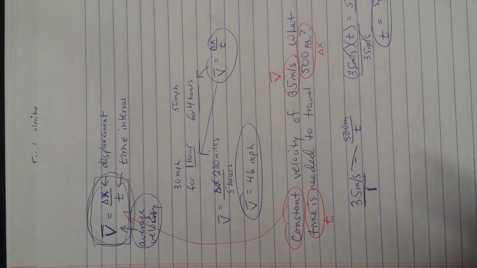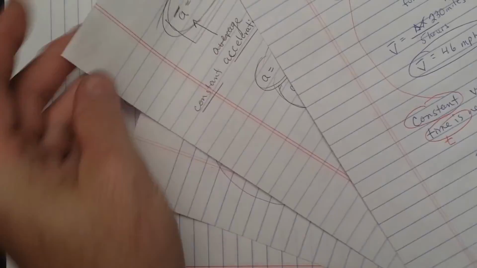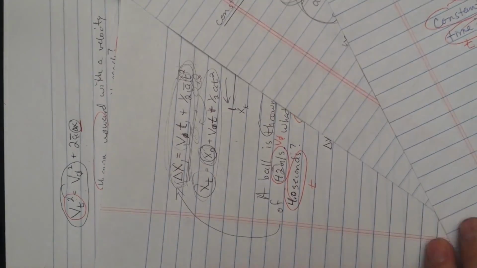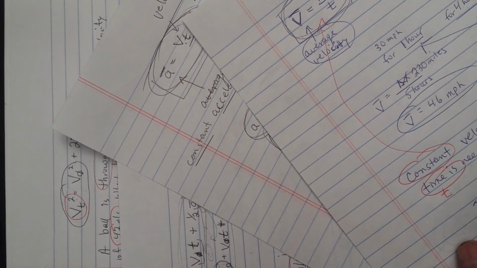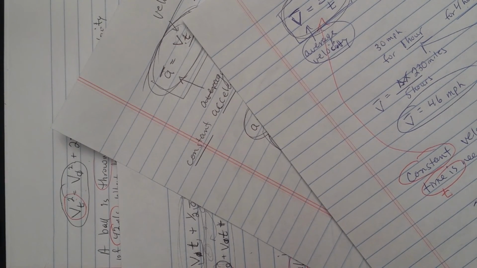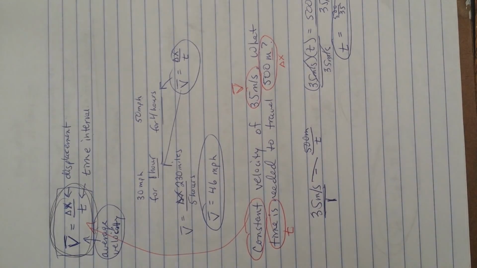Depending upon the situation, it may be a combination of several of these. We've gone through several problems in class where something is constant velocity for a while and then accelerates, or accelerates at one rate and then at a different rate. So you may be breaking a problem up into several different sections, and each section may use a different formula.